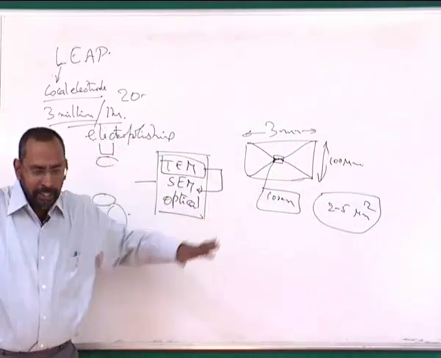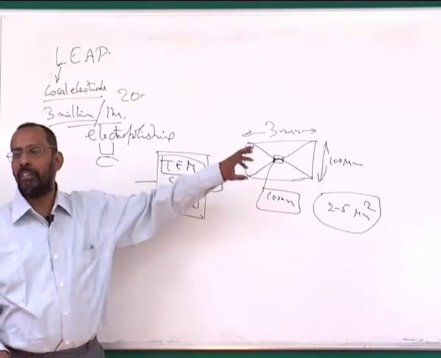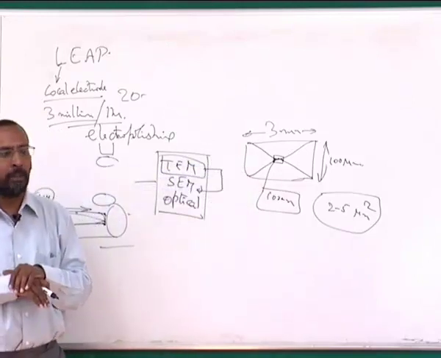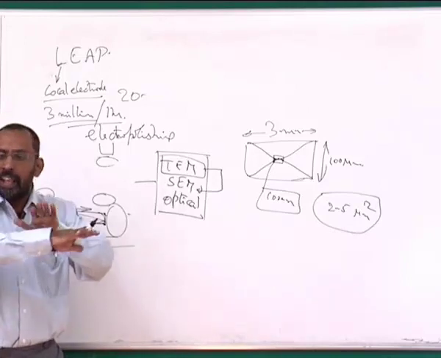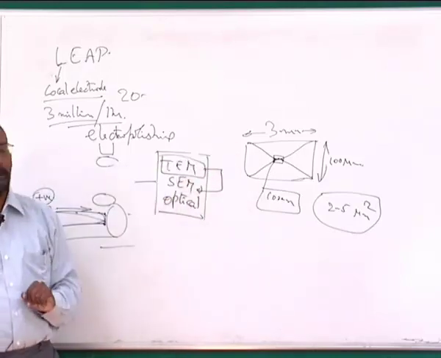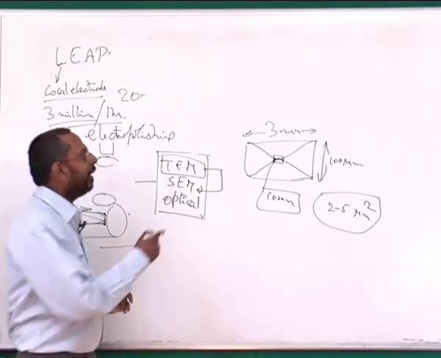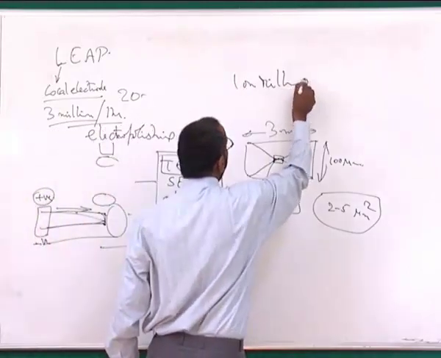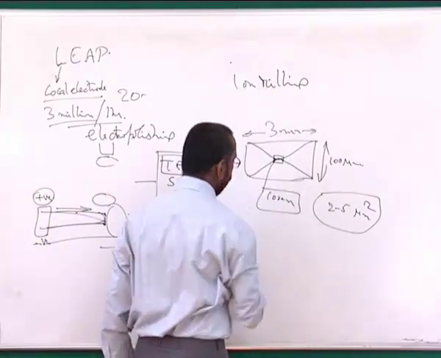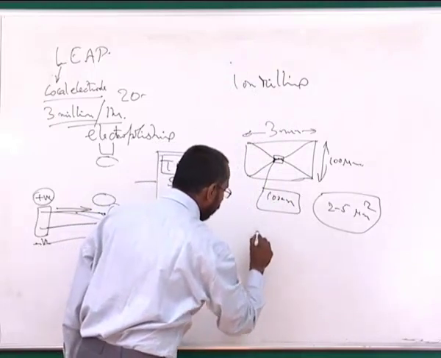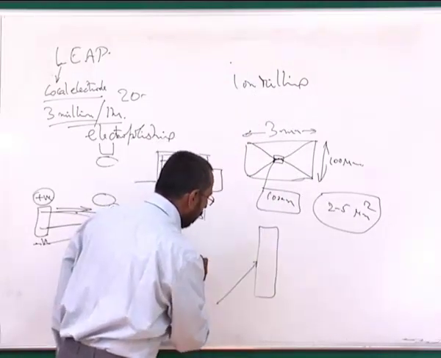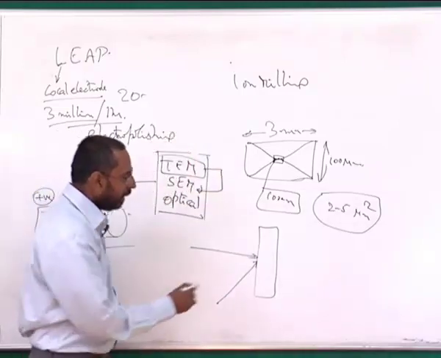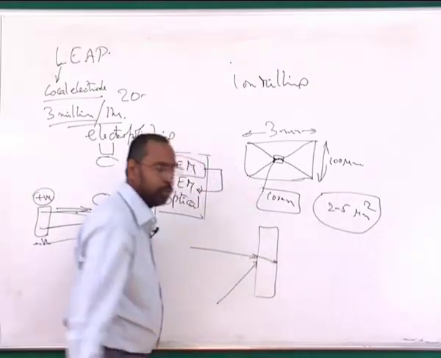The region that I am looking at again depends on how well you have polished your sample. If you have been able to polish your sample well, the thinner region extends over larger distances. That is why when I am doing ion milling, it depends on the angle. If I have this sample and an ion beam is falling, if the ion beam falls like this, then it will simply make a hole through the sample.